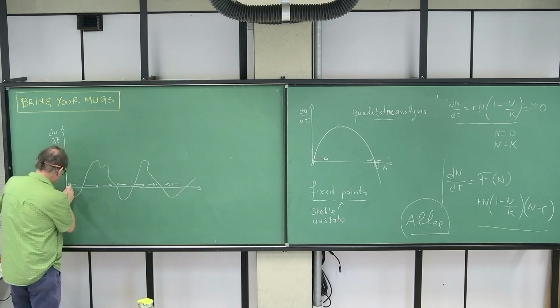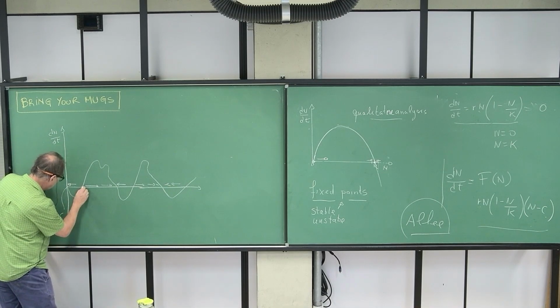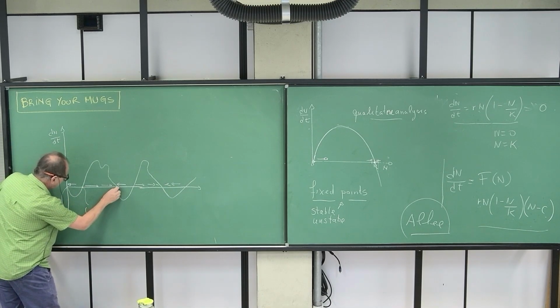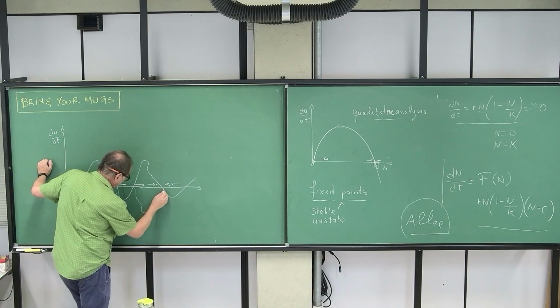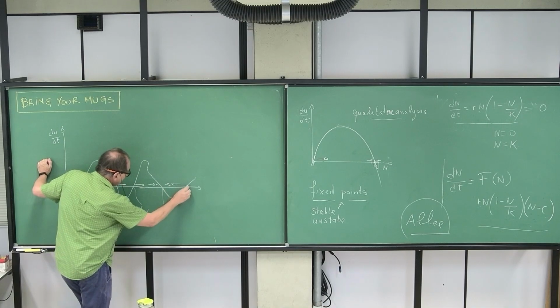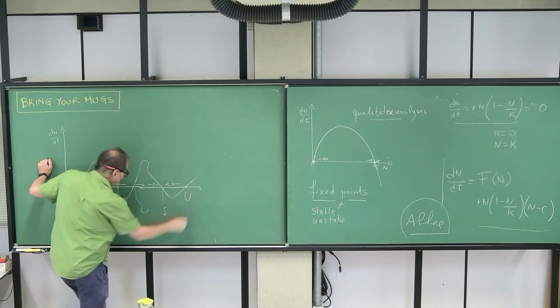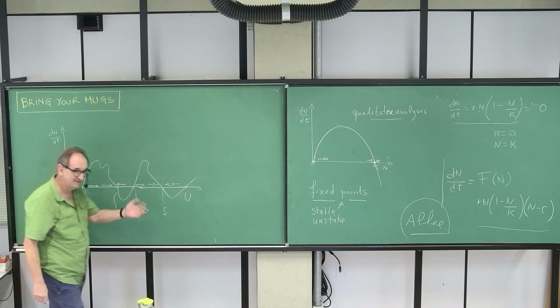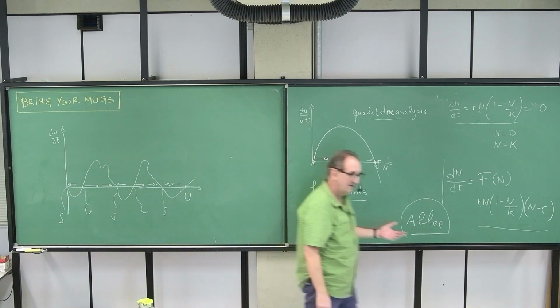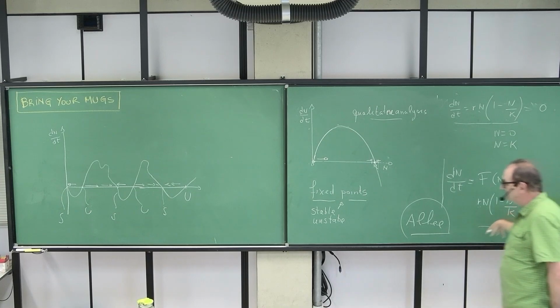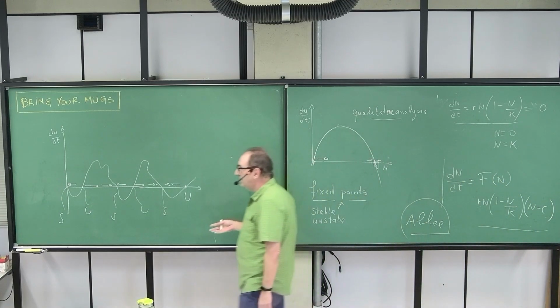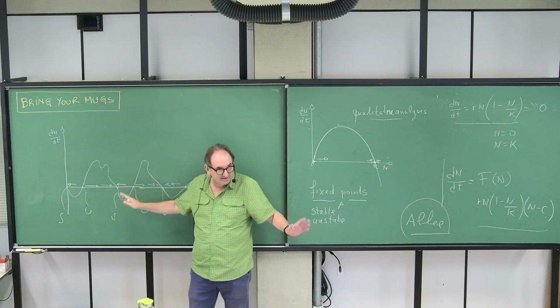Okay? Therefore, this is stable. This one is unstable. This one is stable. This one is unstable. This one is stable. And this one is unstable. It is a succession of stable, unstable, stable, unstable fixed points. And this is very particular to single species dynamics. It's not at all connected to more species. So single species dynamics with autonomous systems and no time delay and so on are just single fixed points.